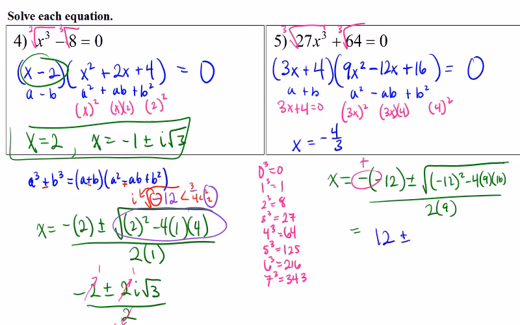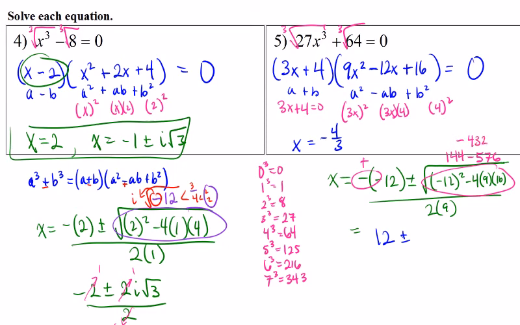And then let's evaluate the discriminant here, everything underneath. You end up with 144 positive minus 576, and that equals negative 432.